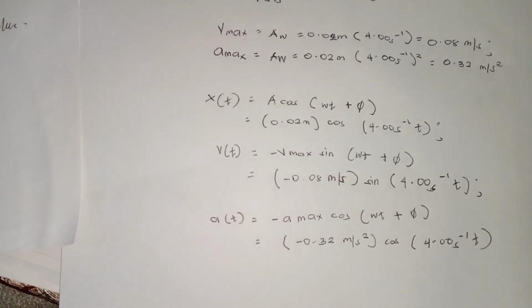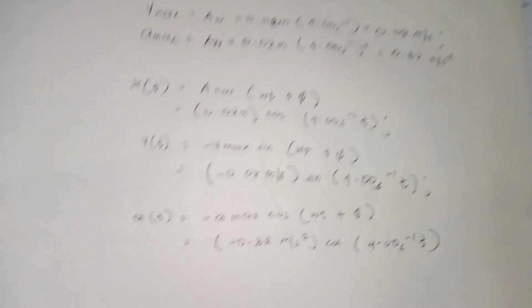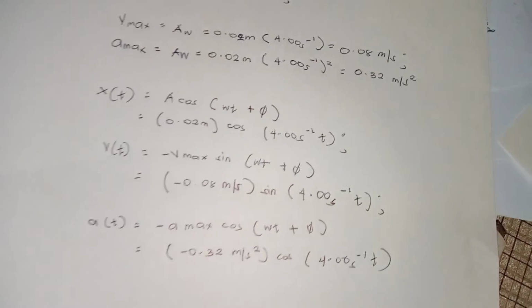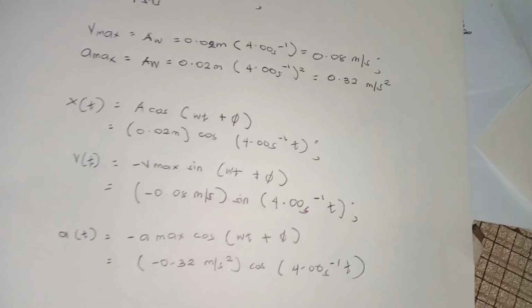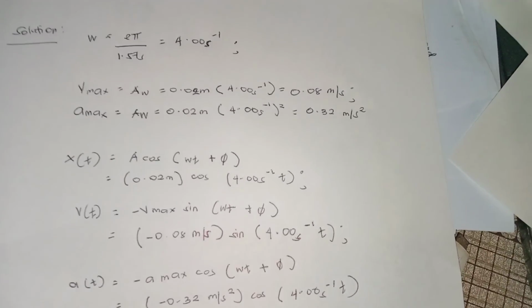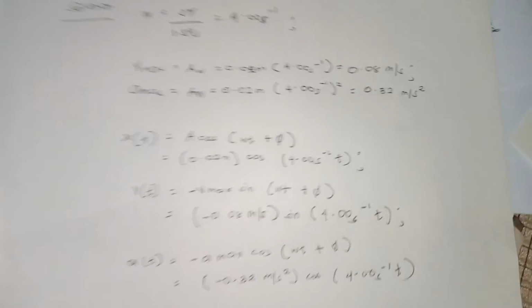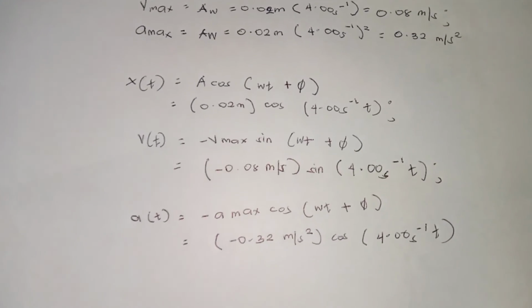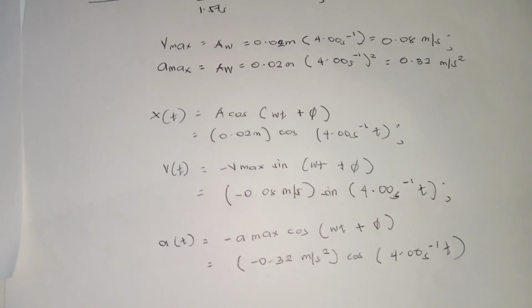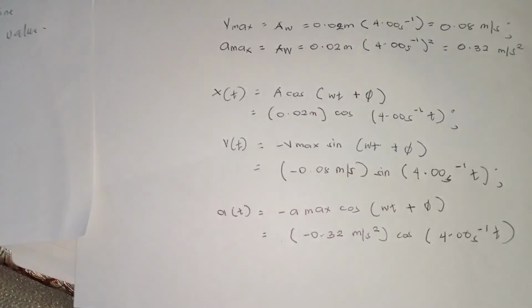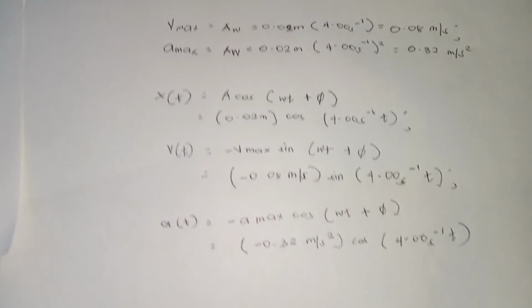So, equations of motion: x of t equals A cos of omega t plus phi, which equals 0.02 meter, which is our amplitude, and 4.00 seconds to the power of negative 1. So there you have it, guys. Thank you.